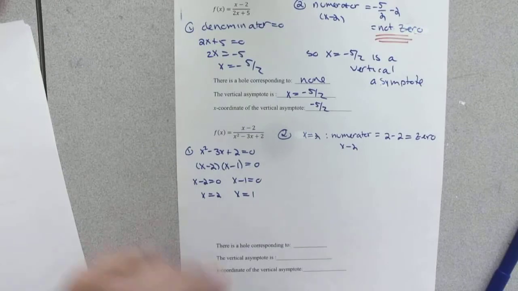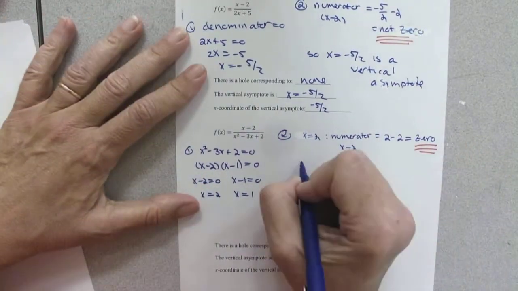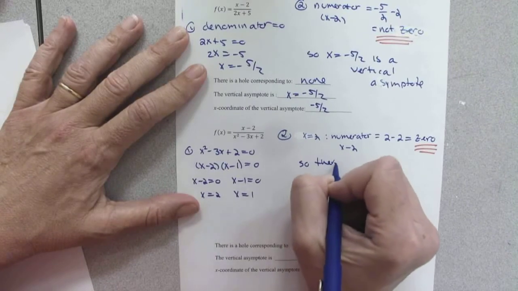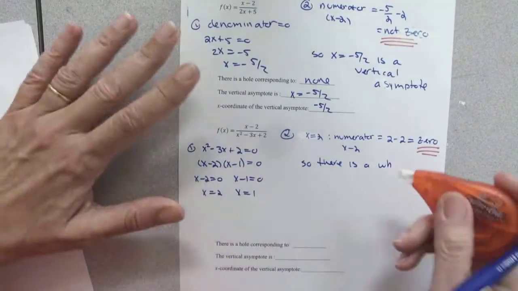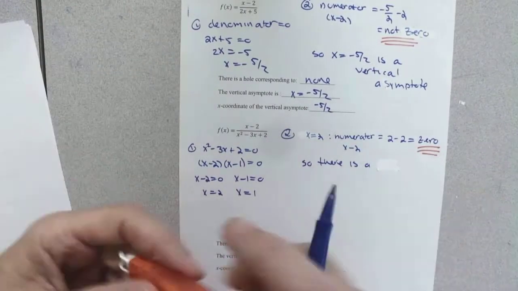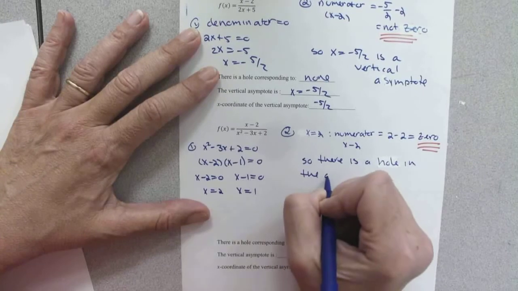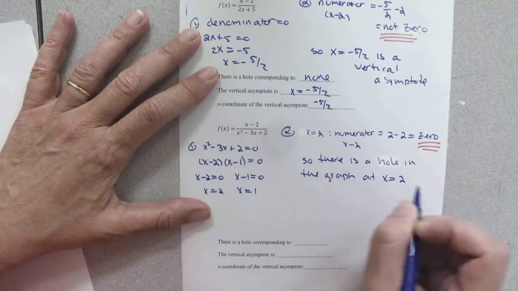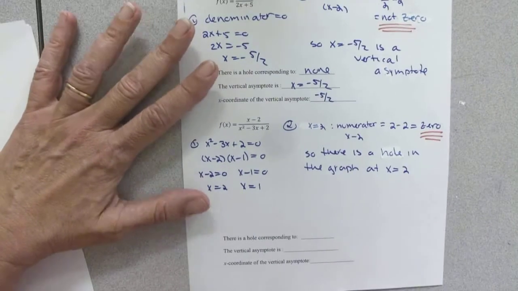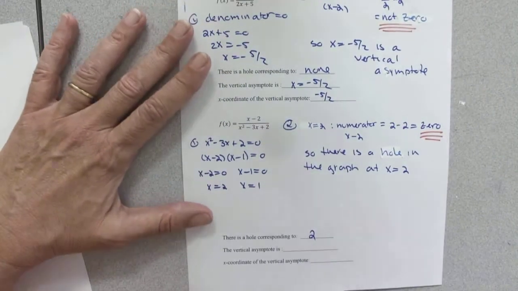That tells me because it is 0, there is a hole. That's not how you spell that, hole. A hole in the graph at x equal to the number we were investigating here. So there's a hole corresponding to 2.